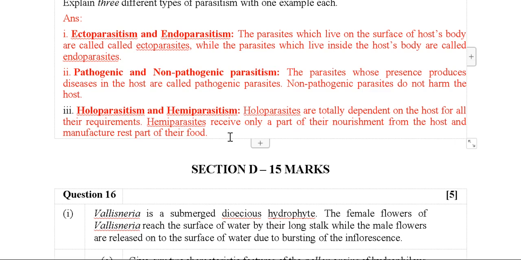But hemiparasites receive only a part of their nourishment from the host body and manufacture the rest themselves. So holoparasites are truly parasites, fully dependent, but hemiparasites are partially dependent. Once they collect the nutrition from the host body, they can manufacture their food with the help of that nutrition. So that is hemiparasite. I have written three kinds of parasitism nature.